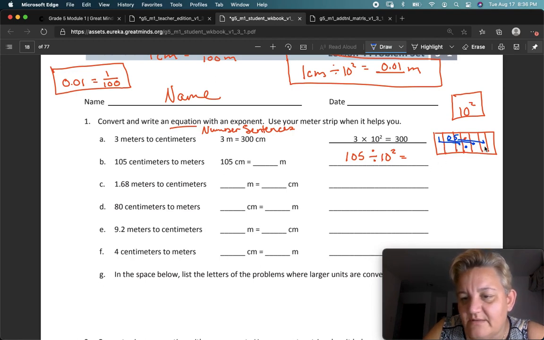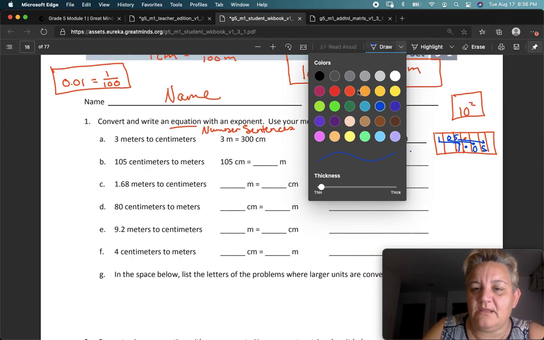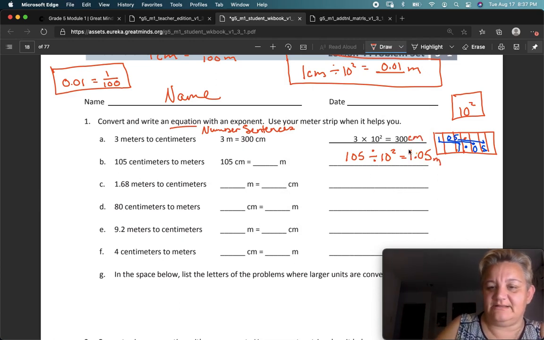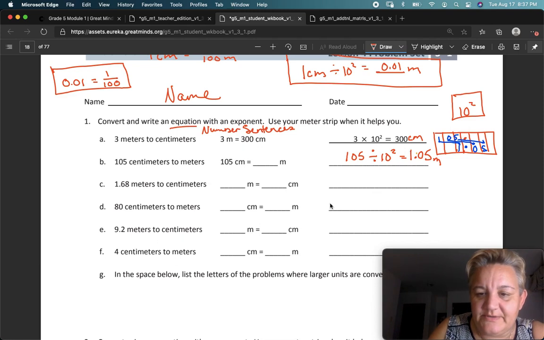So I've got 5, 0, 1, and my new answer is 1 and 5/100ths. Okay, meters. Don't forget your labels. I'm a little upset they didn't put a label there. Okay, let's try the next one.